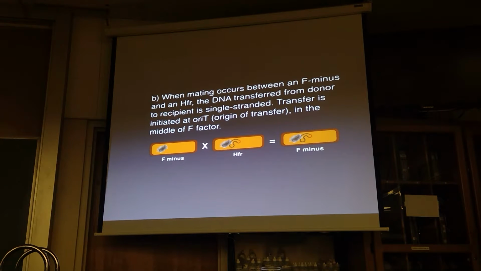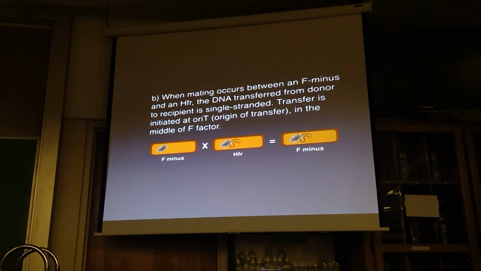But very rarely will the cells stay together long enough for the entire chromosome to be transferred. And so typically what will happen is the recipient gets only part of the F factor and gets part of the chromosome. Again, homologous DNA will replace DNA that's in the cell, and so the recipient stays female because it didn't get the whole F factor, but it becomes recombinant.